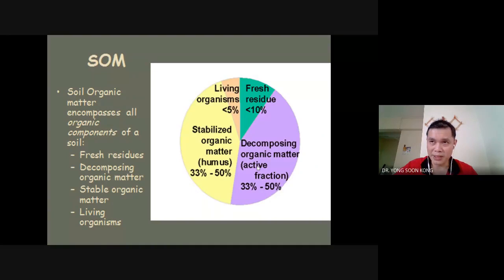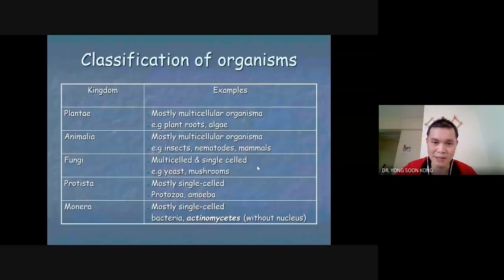The bigger part that you need to look at before you look at soil organisms is the organic matter. Whatever is organic, whatever contains carbon, the majority of them counts as soil organic matter. In this component, there are four small components you can see right there.